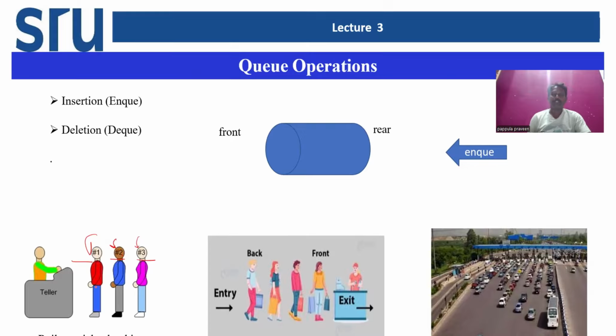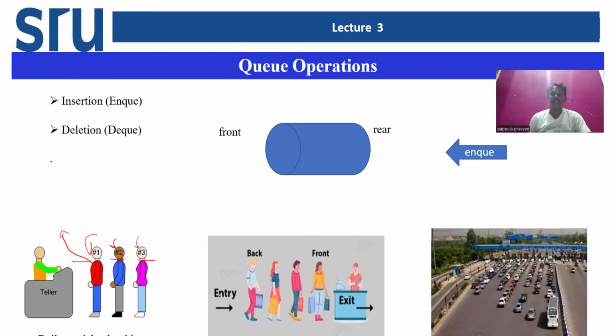The red shirt person is the first one. The teller gives the ticket to the first person and he is removed from the queue. After this, the second person becomes the first. He takes the ticket from the teller and moves on. This is one example of a queue.